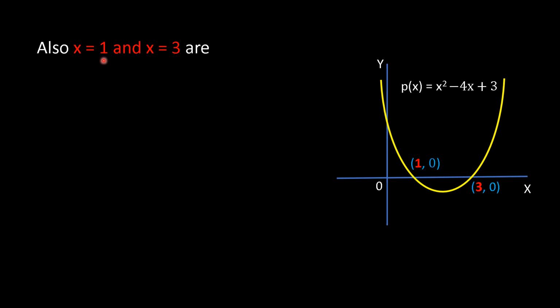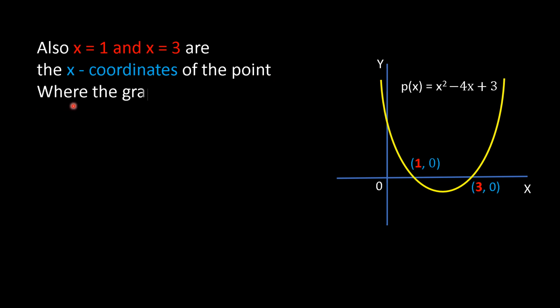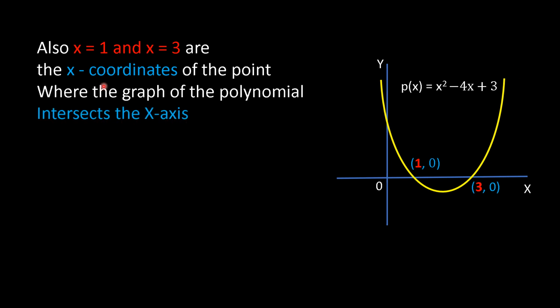Also, x = 1 and x = 3 are the x coordinates of the points where the graph of the polynomial intersects the x-axis at this point and at this point.